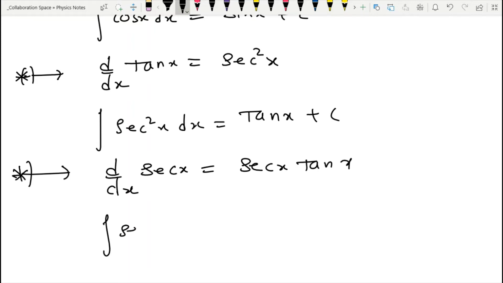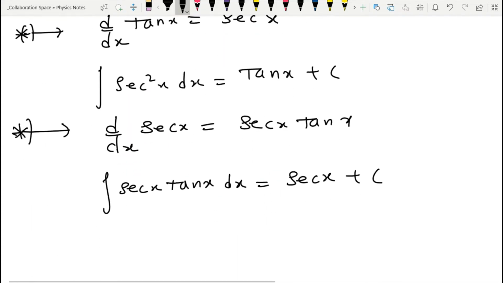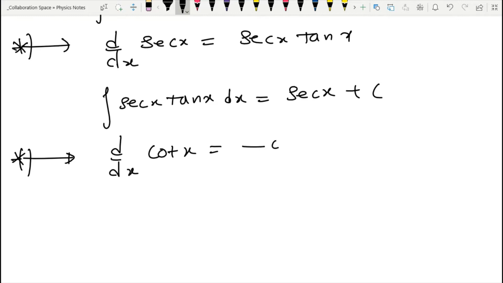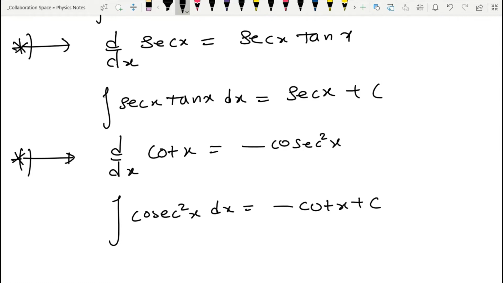What is the integration of secant x tan x dx? Secant x plus c. Just reverse process. What we are doing here is the reverse process of differentiation. That is called integration. What is d by dx of cot x? Minus cosecant square x. What is the integration of cosecant square x dx? Minus cot x plus c. Just the reverse process.